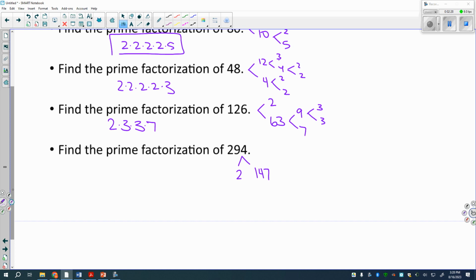I'm checking my divisibility rules. 1 plus 4 plus 7 is 12. That tells me it's divisible by 3. So I'm going to take 147, I'm going to divide it by 3, and that's going to be 49. And then 49, well, that one's not too bad. That's 7 and 7. So 2 times 3 times 7 times 7.